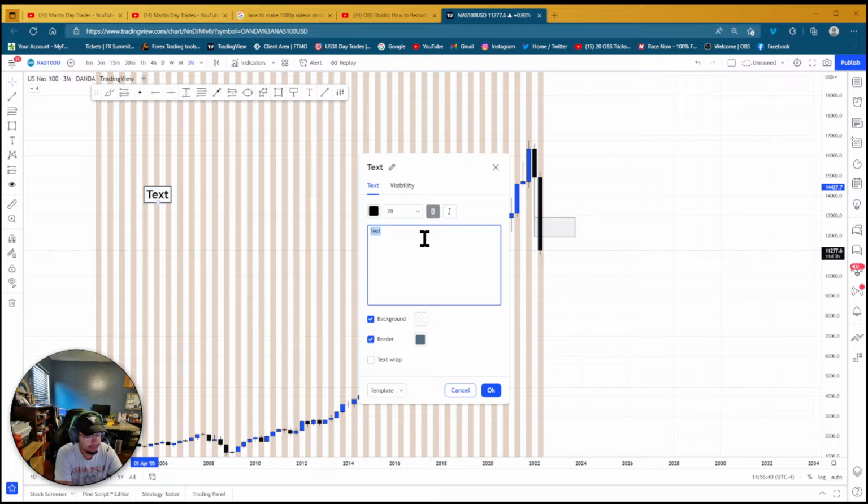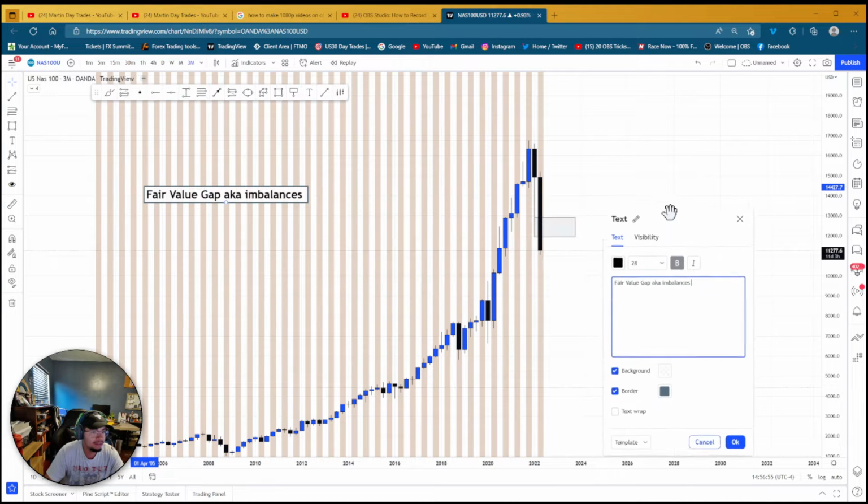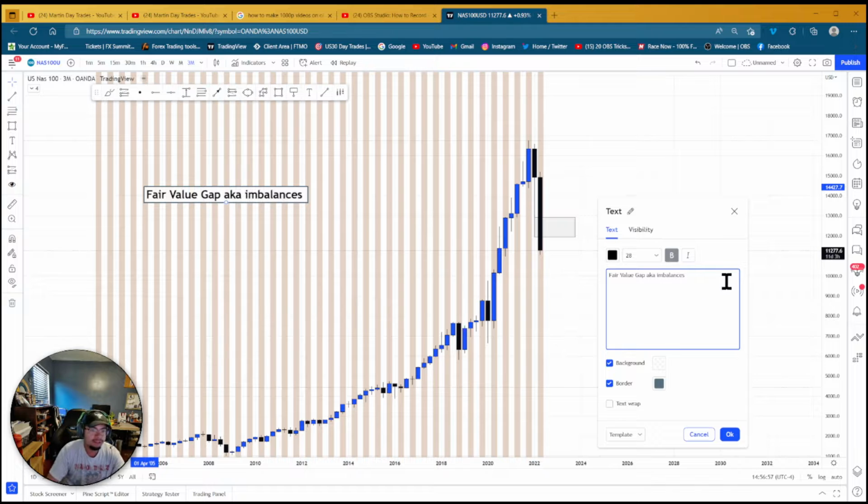So a fair value gap, also known as imbalances, which I go back and forth on when I talk. You hear me go back and forth with fair value gaps and imbalances.